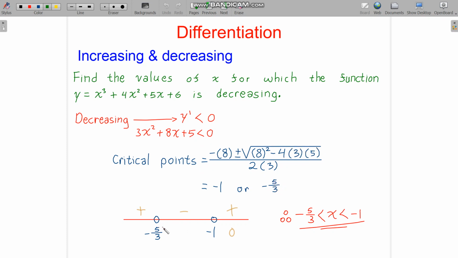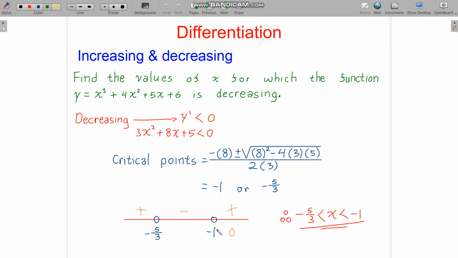Put it on the number line. And since we can maybe use 0 to find the sign here, if we plug in 0, we get +5, of course, so positive, negative, positive. And since we are looking for decreasing, which means a negative, the answer is therefore between -5/3 and -1.